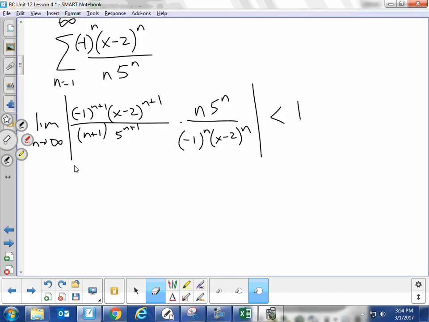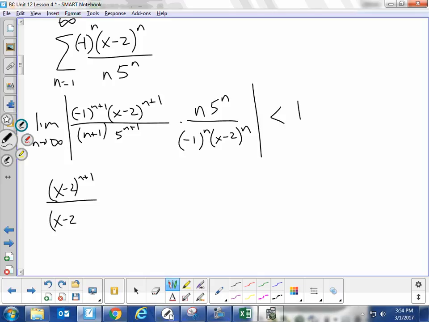We'll get rid of the negative 1s in a second. Let's just go from here. So I have x minus 2 to the n plus 1 divided by x minus 2 to the n. I'd have n over n plus 1. And we're also going to have 5 to the n and 5 to the n plus 1.